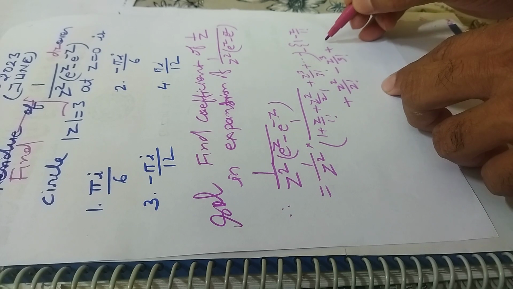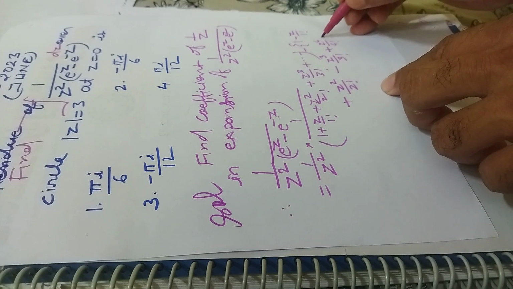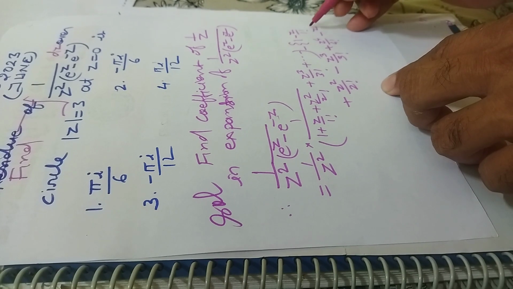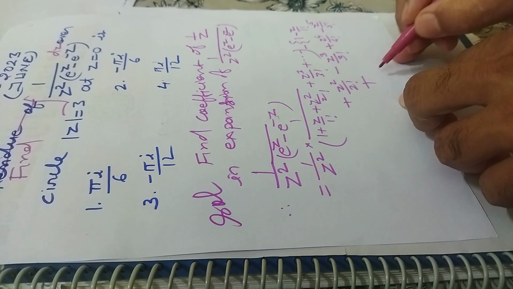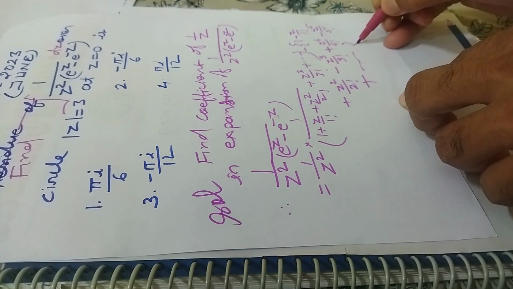Then again plus z to the power 4 upon 4 factorial minus z to the power 5 upon 5 factorial and so on.